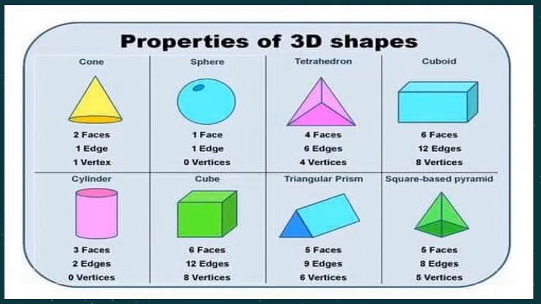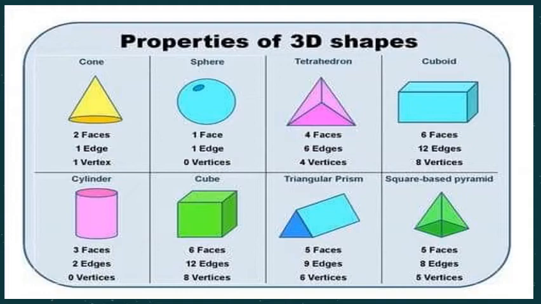Okay, so the first one we have is a cone. That means it has two faces, one edge, and one vertex. A vertex is where two points meet, so it makes a sharp point. We can see it's only on the top.